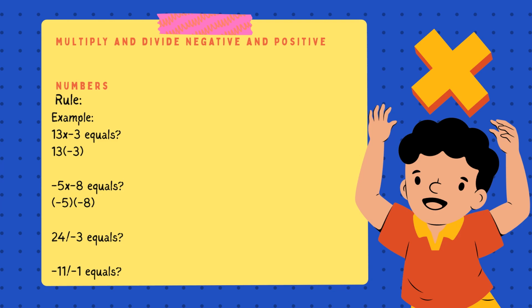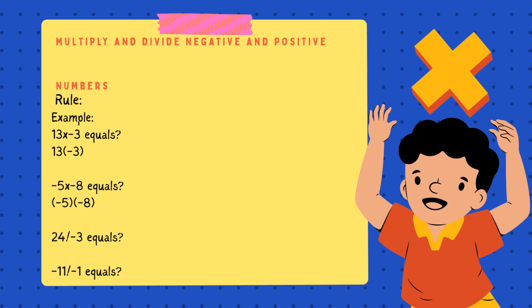Now let's look at these examples. So this is 13 times negative 3. Or 13 multiplied by negative 3.